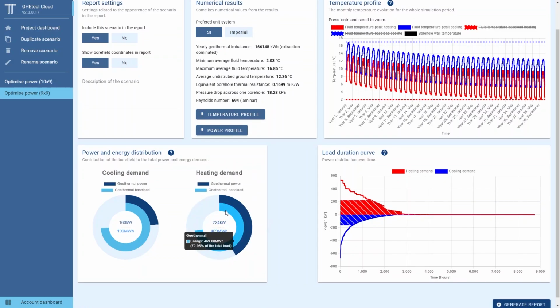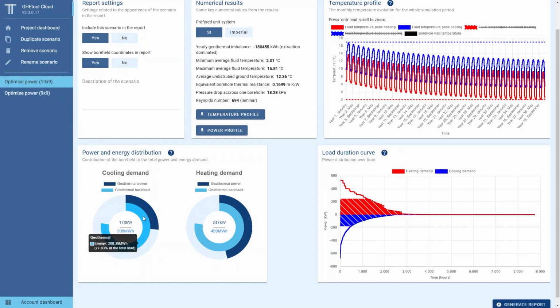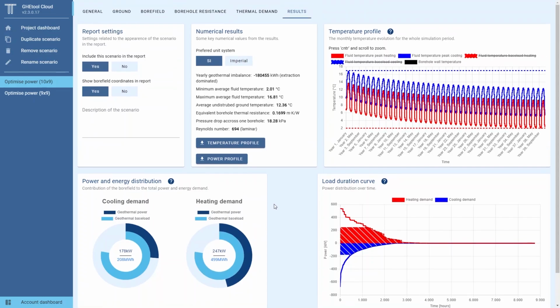So we have here 73% of geothermal heating and 74% in cooling. And in our previous scenario, it was 78 and 77.6. So it's almost the same, and we decreased the number of boreholes by 10%, which is a big saving in investment cost for almost no change in operational expenses.